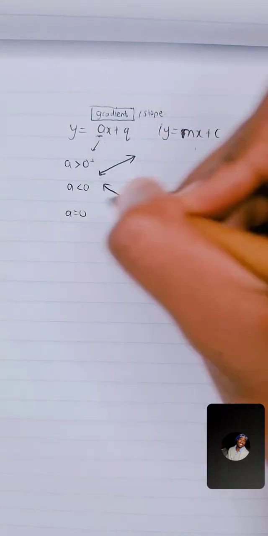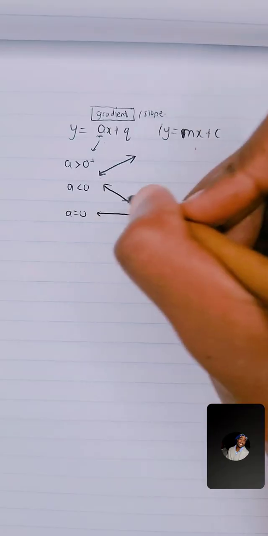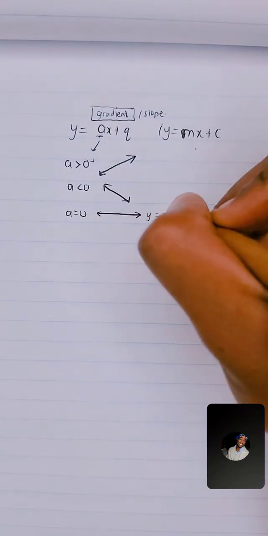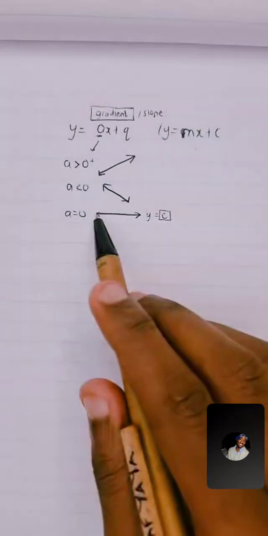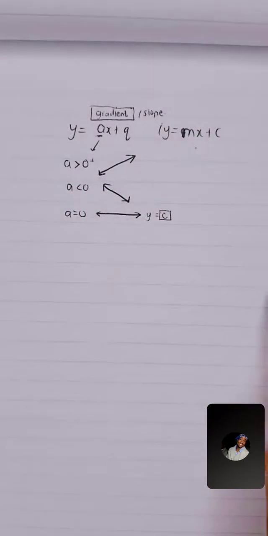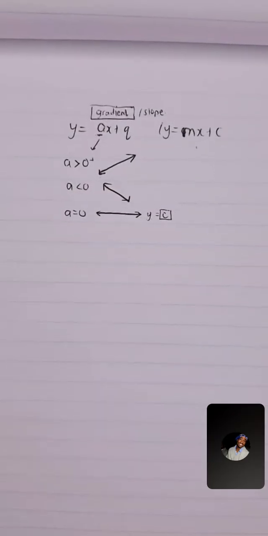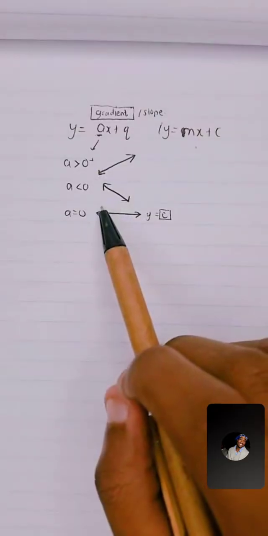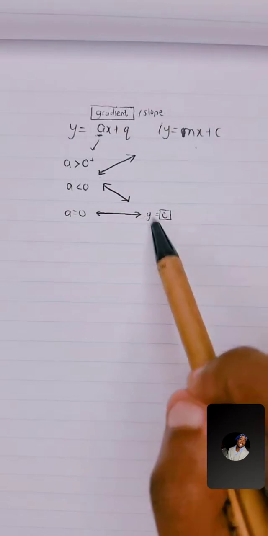If a is equal to 0, we have a horizontal line. Y is constant. The y value is the same throughout this line. Just like your x-axis, it is a horizontal line. The equation of the x-axis is y is equal to 0. Does that make sense? So that's why we're saying that any horizontal line will have the equation y is equal to some constant value.